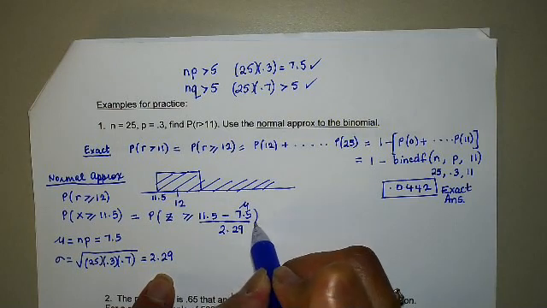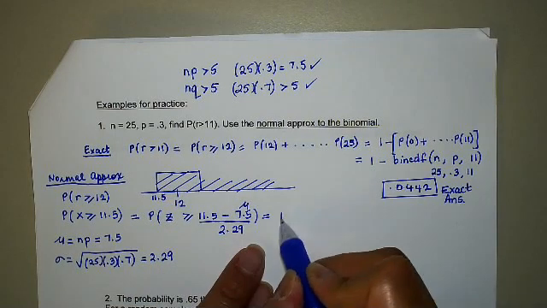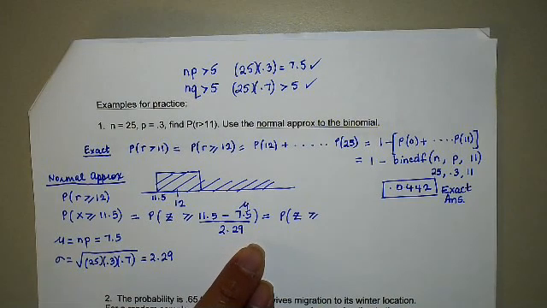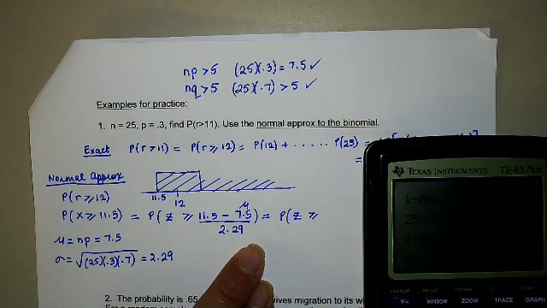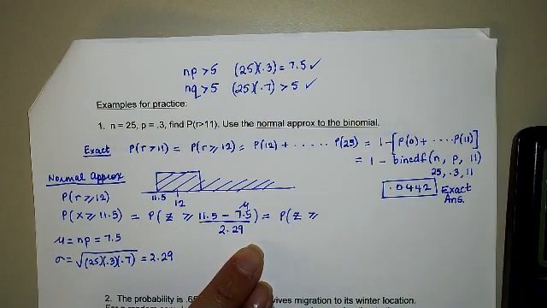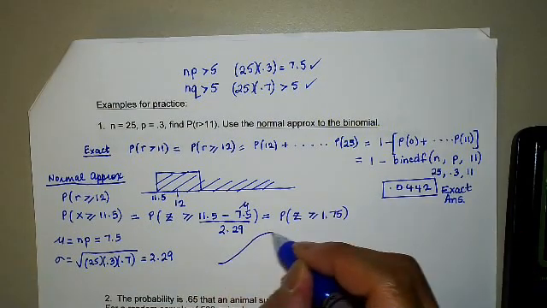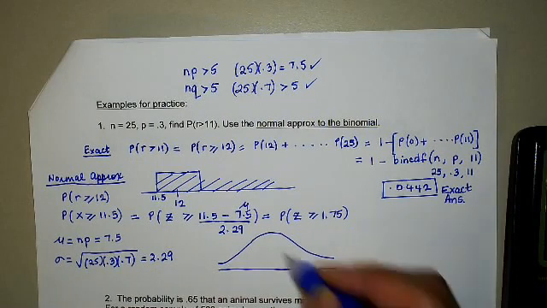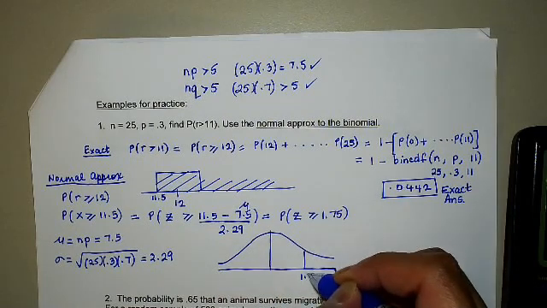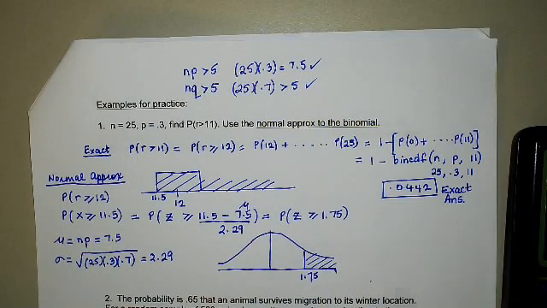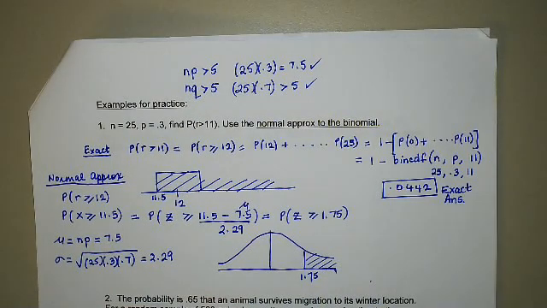Almost done. So this is equal to probability z greater than or equal to 11.5 minus the mean divided by sigma. So probability z greater than or equal to 4 divided by 2.29, which is 1.75.